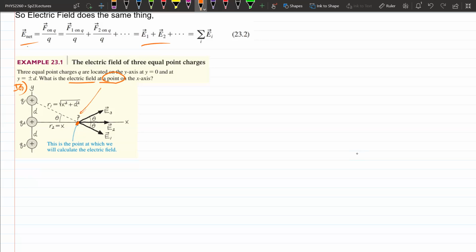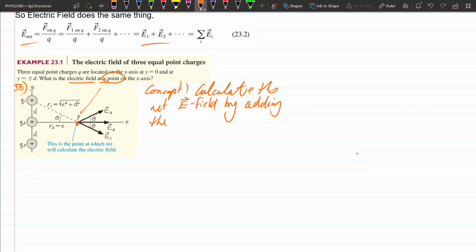So the strategy, the concept, is that we want to calculate the net electric field. You can just do E field by adding the E fields, that's plural, from how many charges do we have?